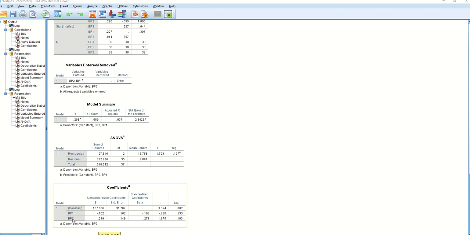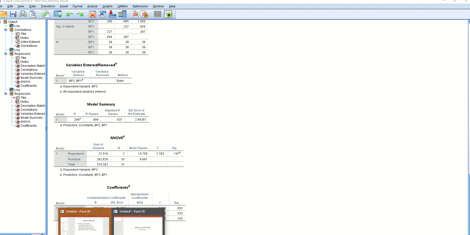Neither blood pressure 1 nor blood pressure 2 has a statistically significant coefficient that relates it to blood pressure 3, and therefore both of them are not good predictors of your blood pressure, and should be removed from the model. So I ran them anyway, just to show you how you can get these two, although the ANOVA is only one.